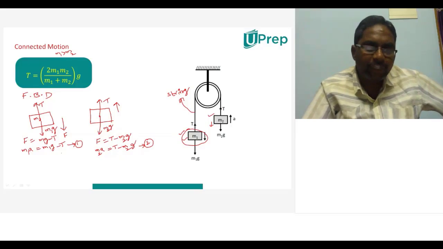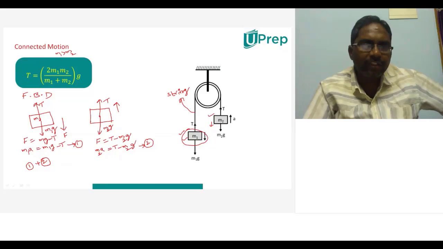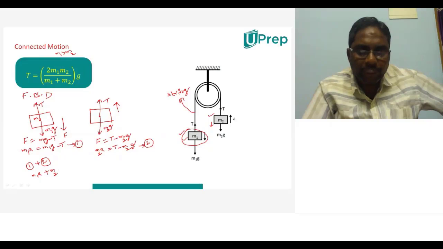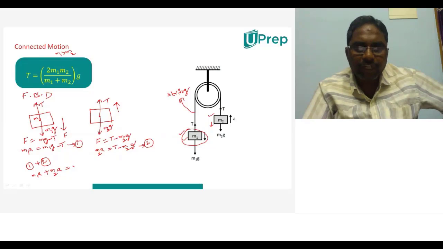Now I'm adding equation number 1 plus equation number 2. When we are adding, left side values we have to add, and right side values we also have to add. On the left side, M1A plus M2A is equal to, on the right side, M1G minus T plus T minus M2G.